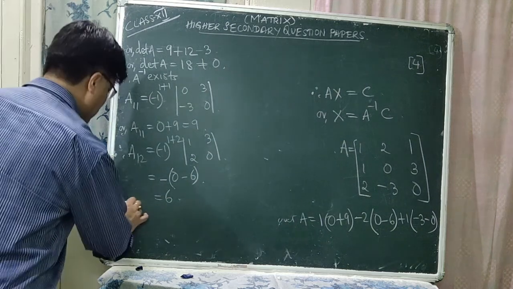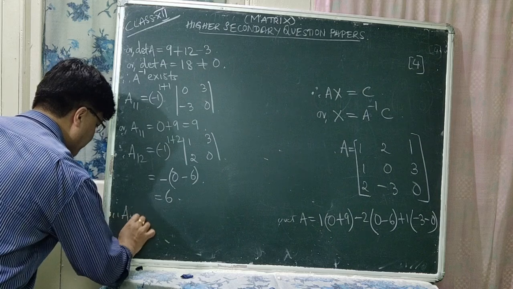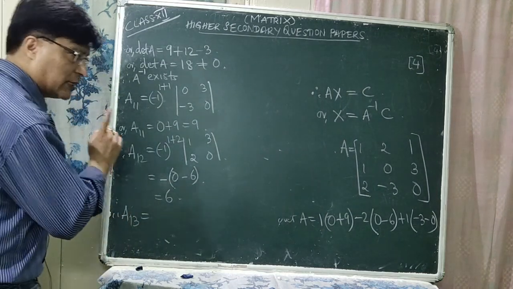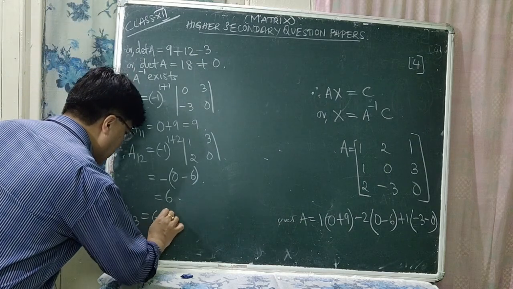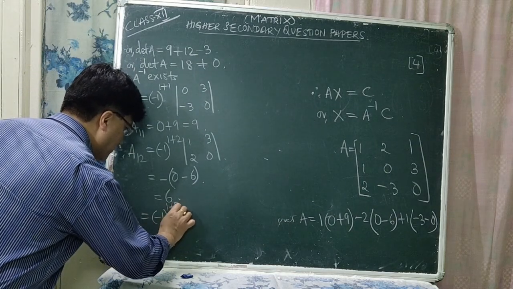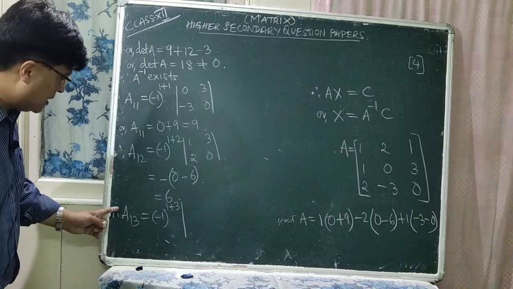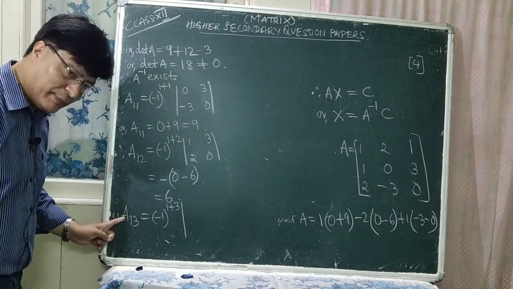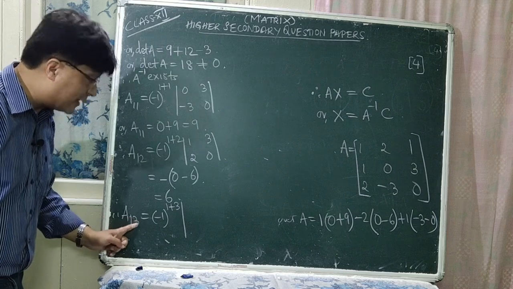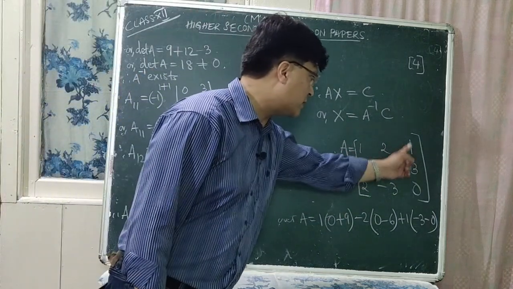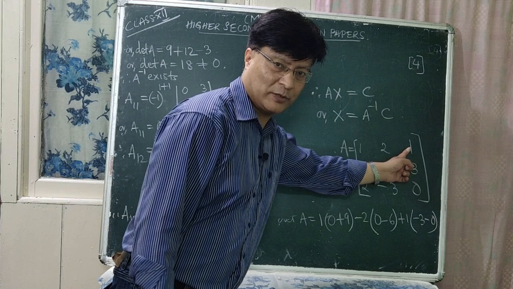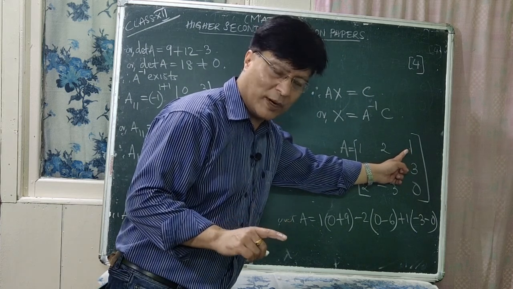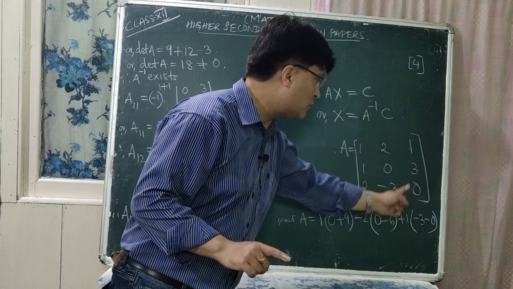So next one is A13. Now how can you get A13? Let us consider the sign first. Minus 1 whole to the power 1 plus 3. Now this A13 means you have to get the cofactor of the element belonging to the first row and the third column. That means 1. Delete the row and the column through the element 1.